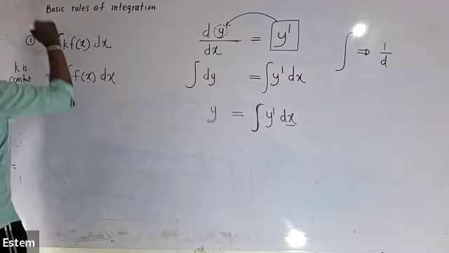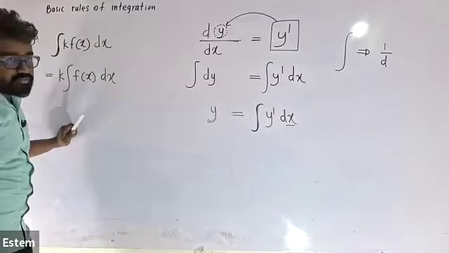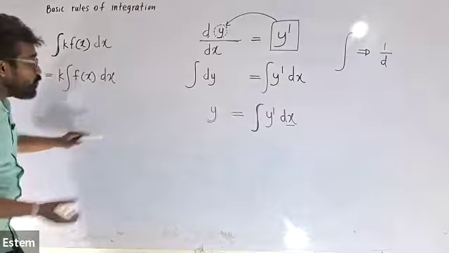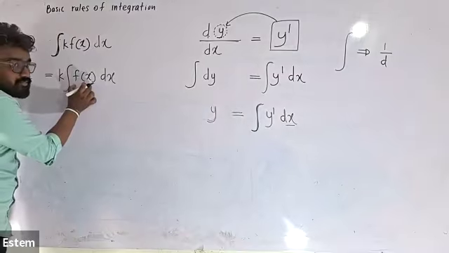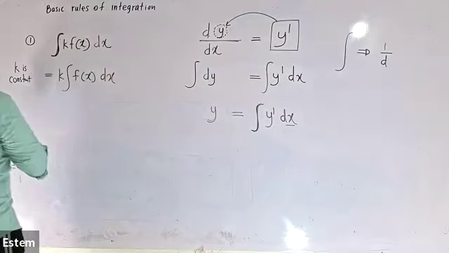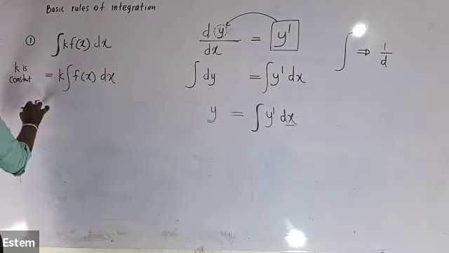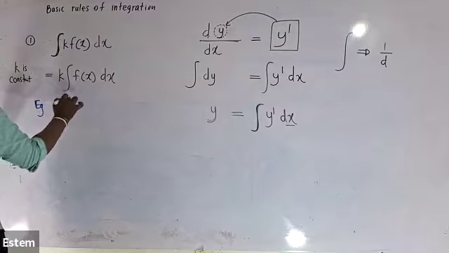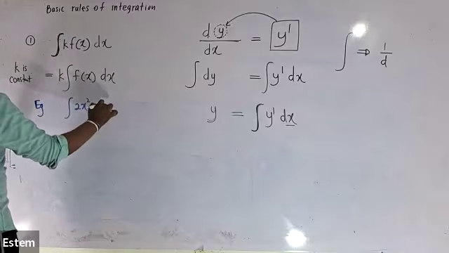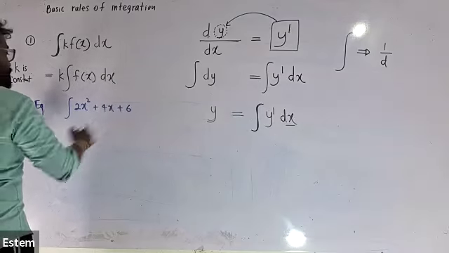That is the first rule, the simple constant rule. But here, we don't study how we differentiate fx, only taking constants out. As an example, think you want to differentiate 2x squared plus 4x plus 6.